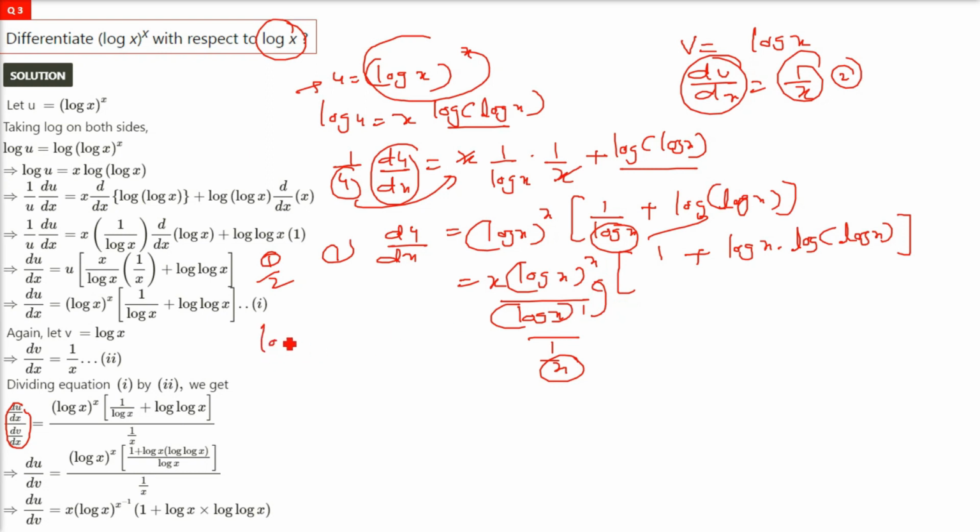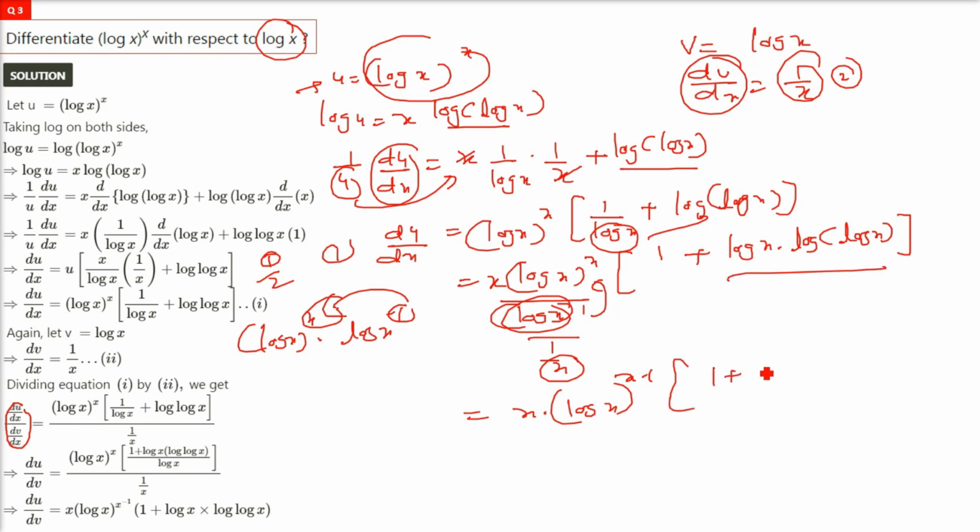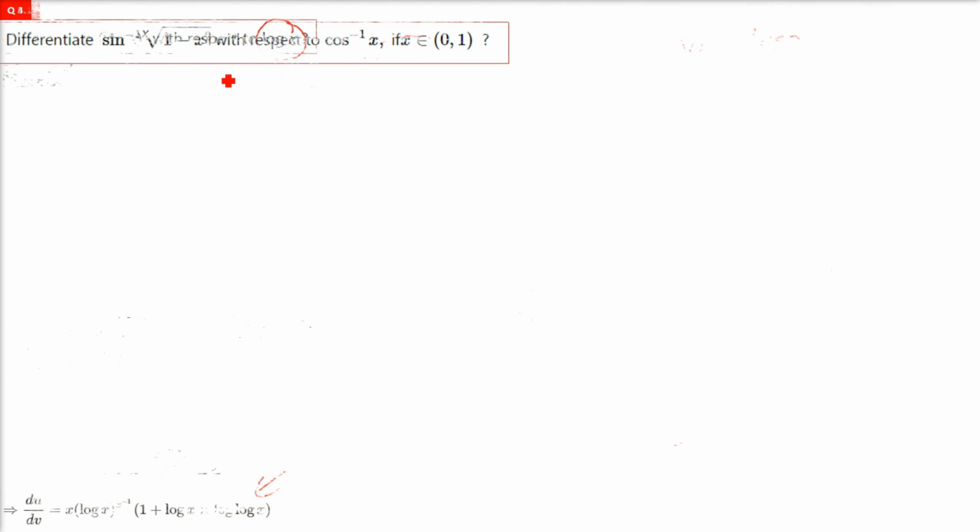When it goes up, it will be log x to the power minus 1. Log x to the power x is already there. So log x to the power x and log x to the power minus 1 gives log x to the power x minus 1. So you get x log x to the power x minus 1. Here we have 1 plus log x into log of log x. Alright. So that is going to be your final du by dv, differentiating this with respect to that.